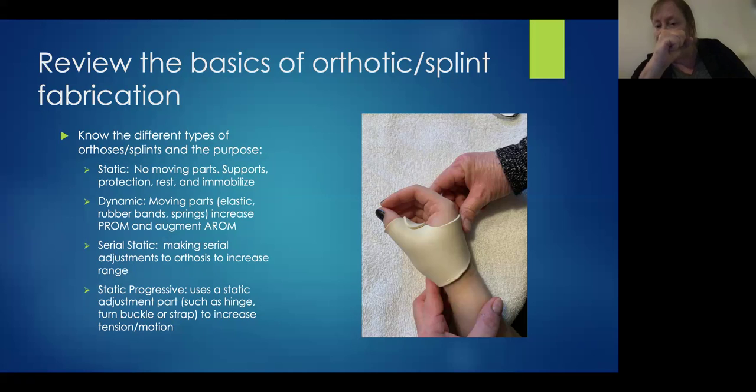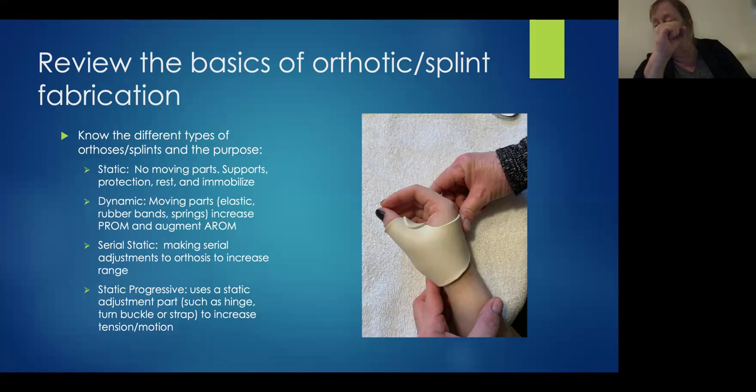When they relax, the rubber bands pull them up into extension, just like I'm demonstrating. It would still allow them to use the muscles that are working, their flexors, to grip onto something.